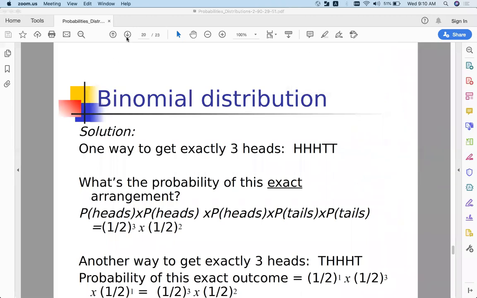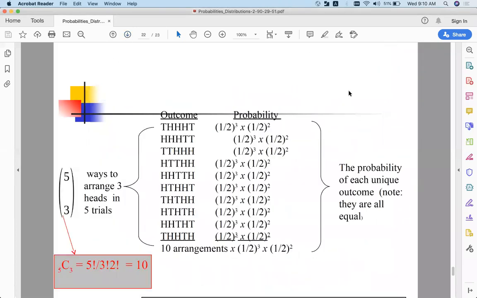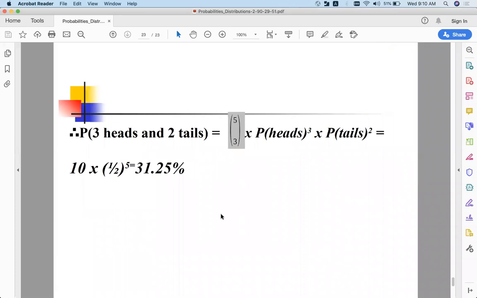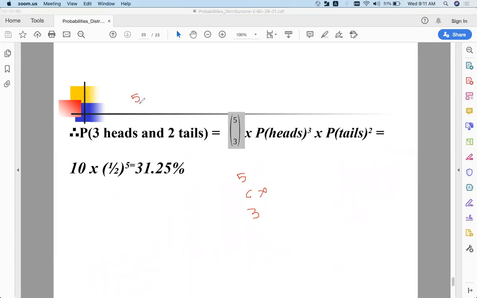Now there is a simpler way of solving this question. Let me explain. The answer is basically 5C3, 5 combination 3. This is just a formula. When I flip a coin 5 times, what I'm looking for is exactly 3 heads and 2 tails.